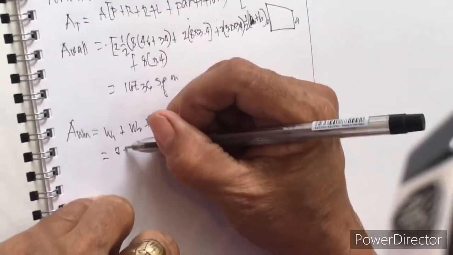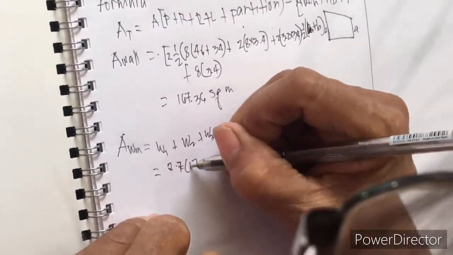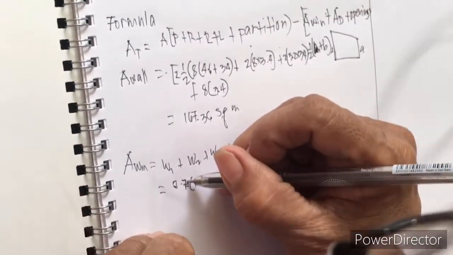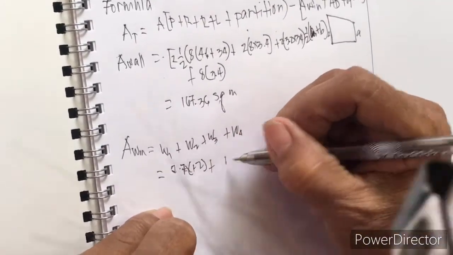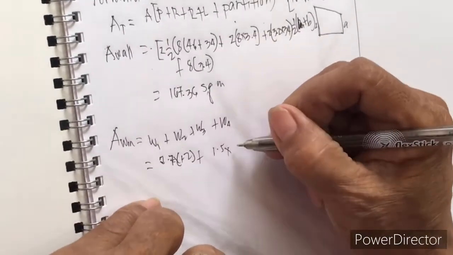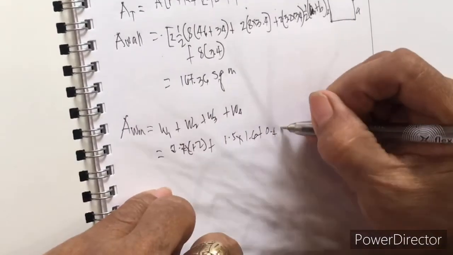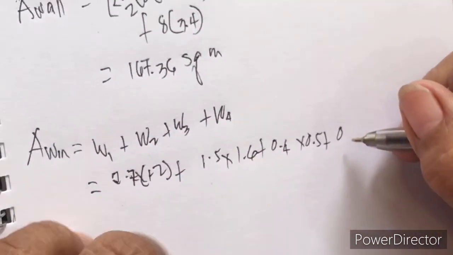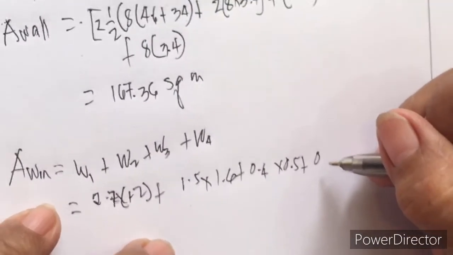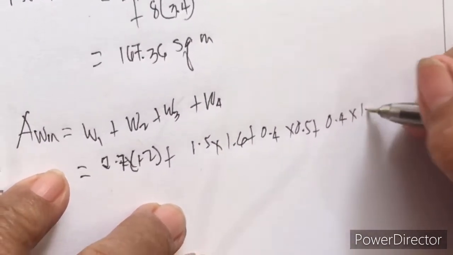Window 1 is 2.7 times 1.2, plus 1.5 is the window 2 times 1.6, plus window 3 is 0.4 times 0.5, plus window 4 times 1.6.